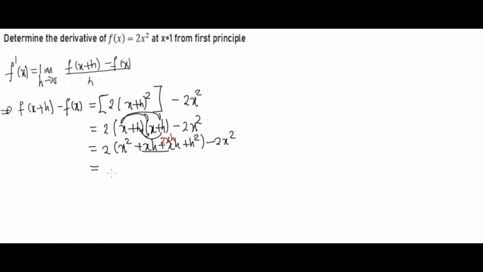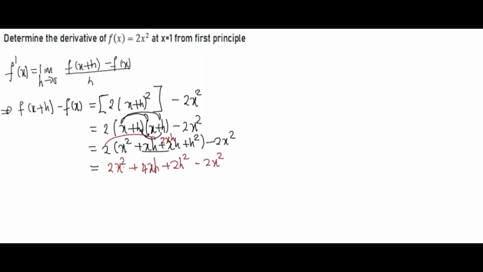So 2 times x squared is 2x squared. And 2 times 2xh is 4xh. And 2 times h squared is 2h squared, minus 2x squared.